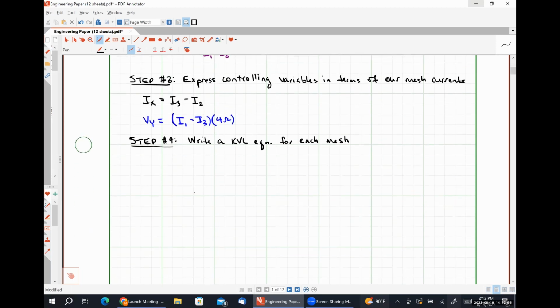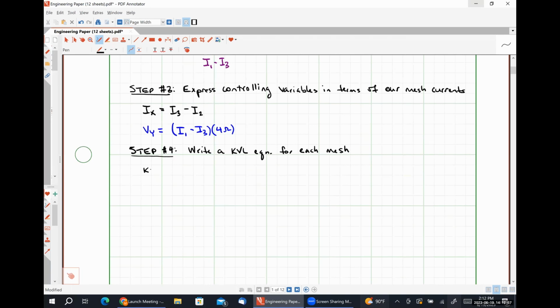So starting at mesh 1, the first thing that we're going to see is the negative polarity terminal of the 10-volt source. So I'm going to have minus 10 volts. The next thing I see is the 9 ohm resistor.